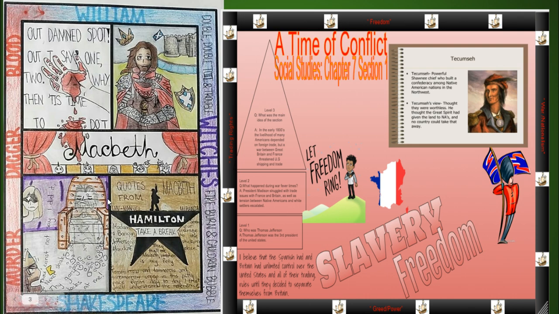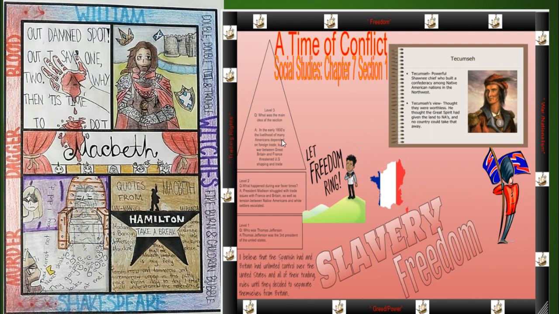compares to Hamilton. The one on the left here, this also, it's a social studies one, and it's about tracing slavery in the march to freedom in different places around the world, going from slavery to freedom. They've got some visuals here.